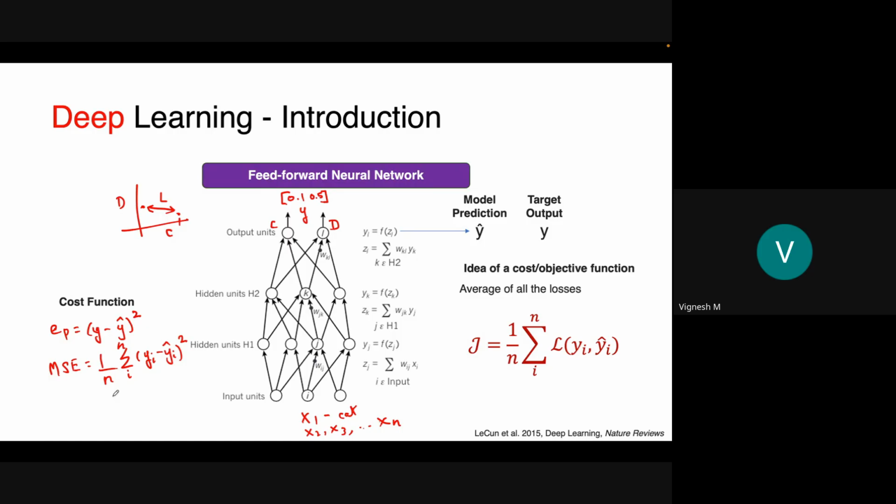All right. So that is going to be your cost. As we discussed, when we are updating sequentially for one input at a time, then we can use the loss function to update the parameters of the network. And if we take a bunch of inputs and do a batch update, then we are doing what's called a cost.